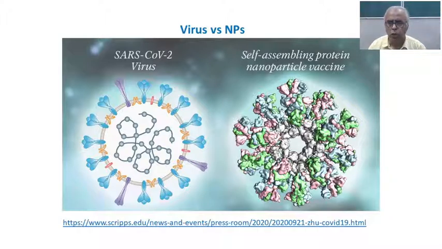So they almost look similar to this virus. And that is why there is an attempt to make vaccinations based on nanoparticles. And these antibody theories can be applied. So just by looking at the resemblances, they can be cheated also. So I'll be discussing in detail about this nanoparticle in pharmaceutical applications.